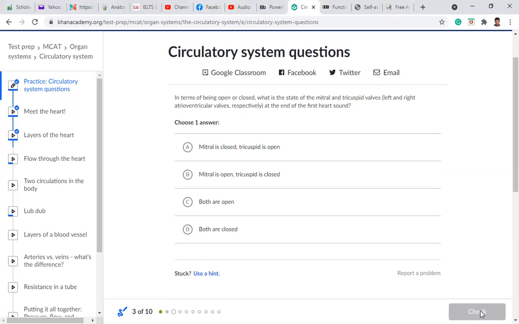You know why? Because both of them are between the atrium and the ventricle, and blood is entering both sides of the heart almost at the same time. Blood is passing through those valves at the same time. So blood is entering the ventricles at the same time, and blood is leaving the ventricles at the same time. So if mitral is closed, tricuspid will not be open. It will also be closed. But I will explain it further when we look at the cardiac cycle under systole and diastole.